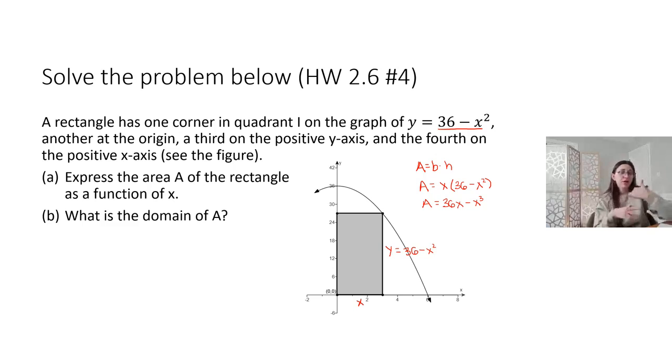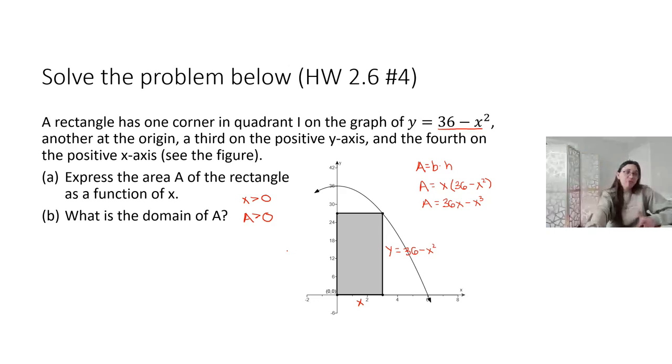And what I know about the area of this rectangle is that it can't be 0 or negative. So the area itself has to be greater than 0, can't be negative. I also know that my width, x, can't be 0 or negative either, then we wouldn't have a rectangle. So x has to be greater than 0.